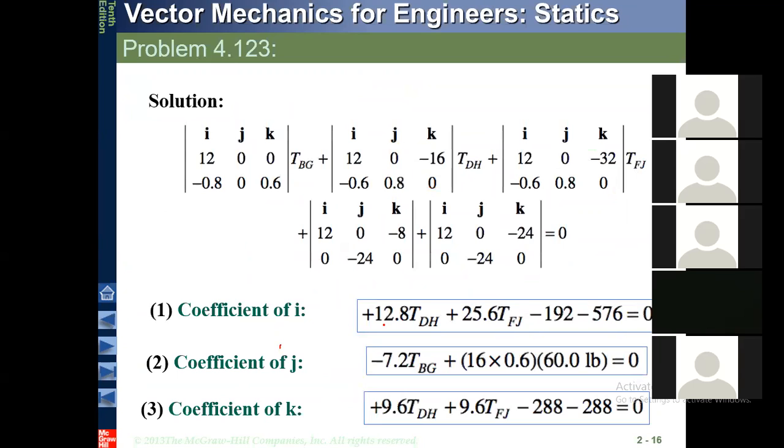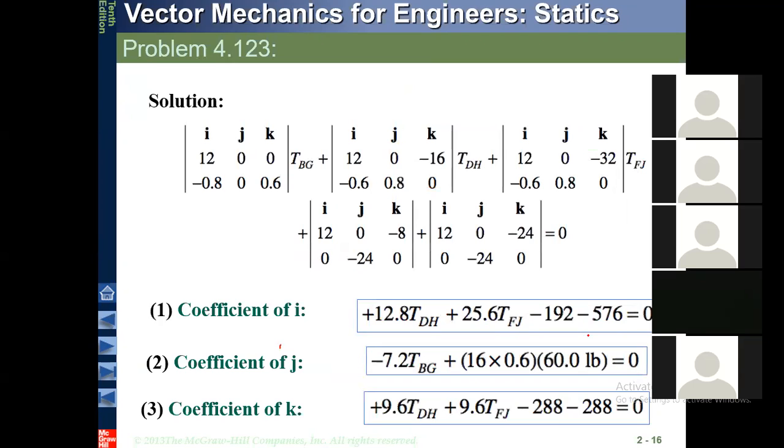These are actually three separate moment equations, about the x-axis, y-axis, and z-axis. Each of them should equal 0, because the body is in equilibrium and the moment around any point in space should equal 0.